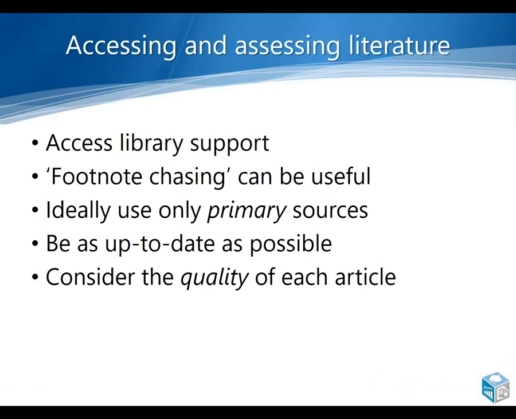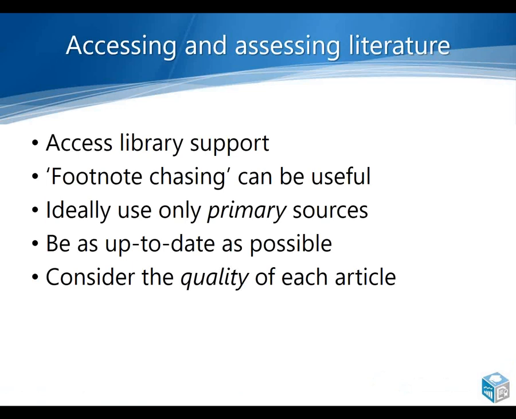Other things to think about when you're assessing the quality of an article is whether or not there's a clear account of the methods used, and if the data they've presented supports the conclusions that the researchers have made. You should also check to see if the data analysis method is appropriate and whether or not they've explained it well.